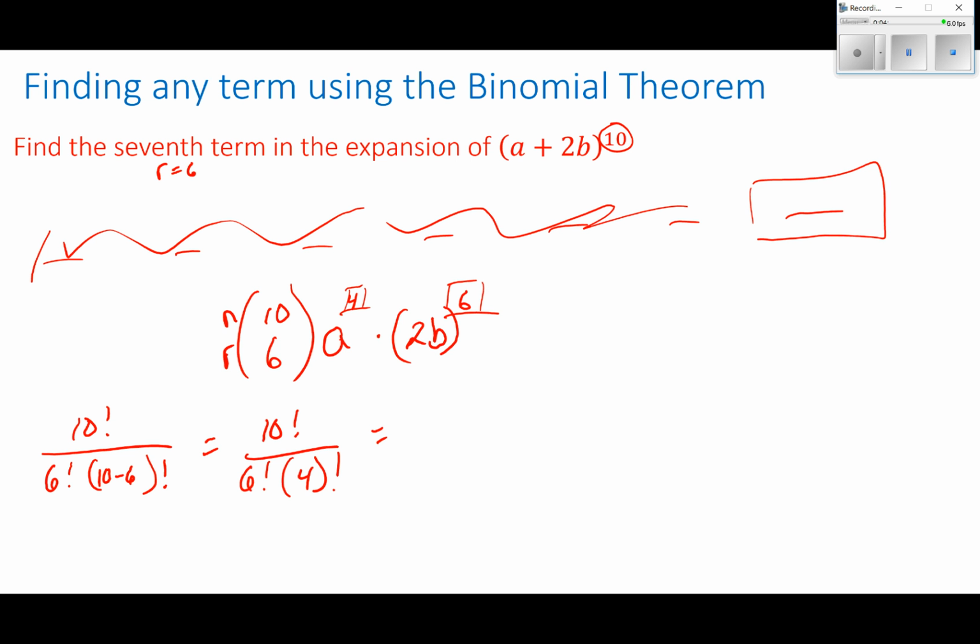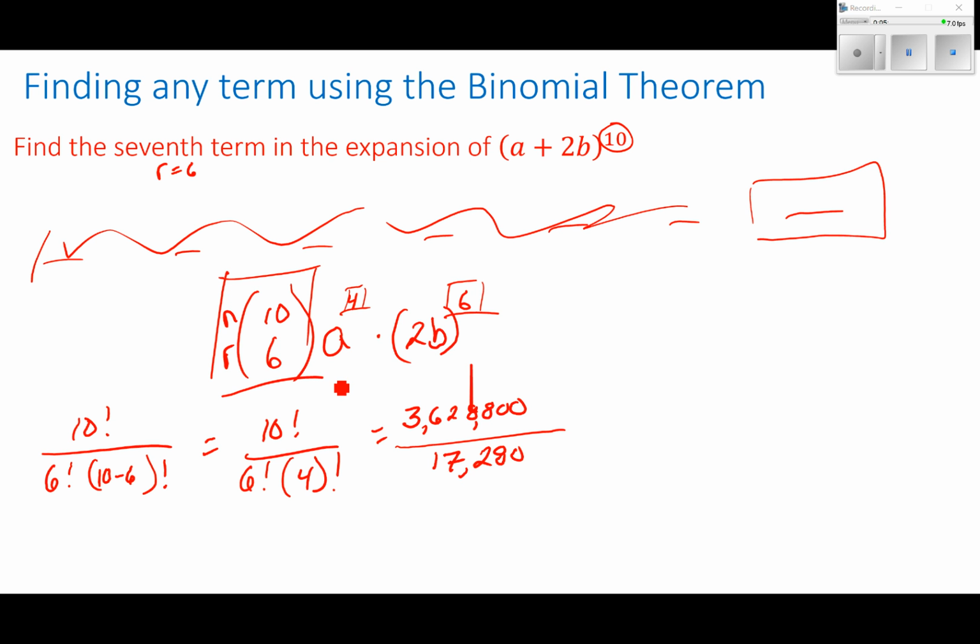My numerator is going to be this really big number, 3,628,800, all divided by 6 factorial times 4 factorial, and that ends up being 17,280. So this is just the first part. This is just getting us this factorial piece.